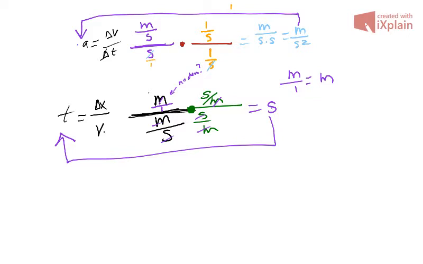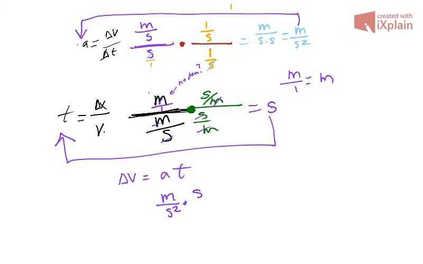Next one, let's go delta V over, let's see, I don't want to do that one. So A is delta V over delta T, so let's go delta V equals A times T. All right, if we deal with these units, meters per second squared multiplied by seconds.